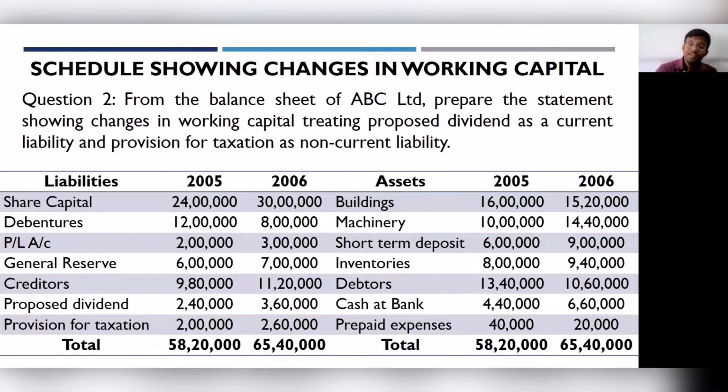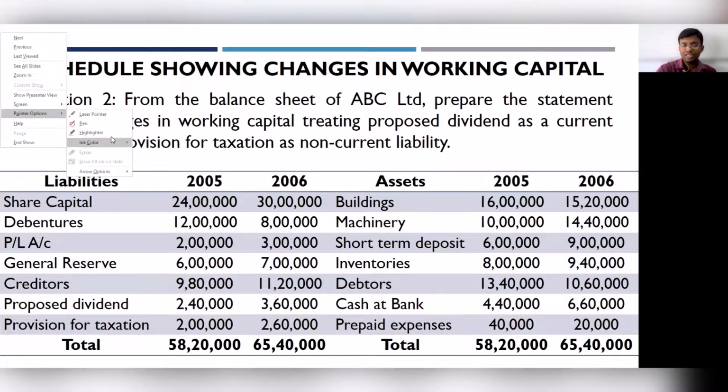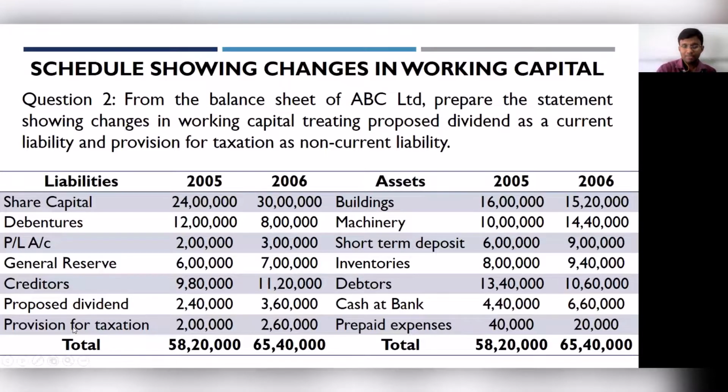You have an option of treating them either as current liability or non-current liability. Here they're asking us to treat proposed dividend as current liability, and provision for taxation as non-current liability. So with that note, let's start off with this question.